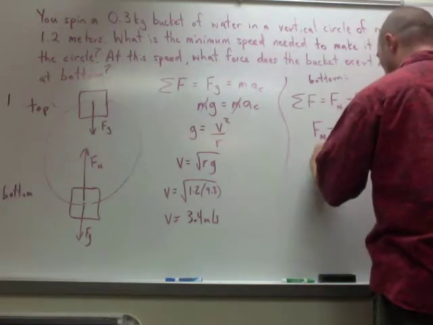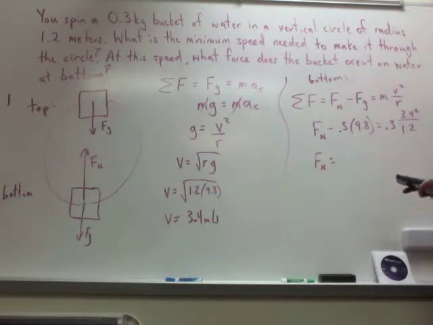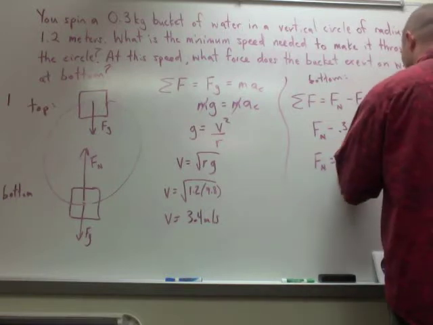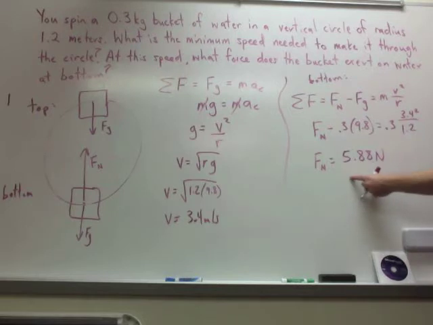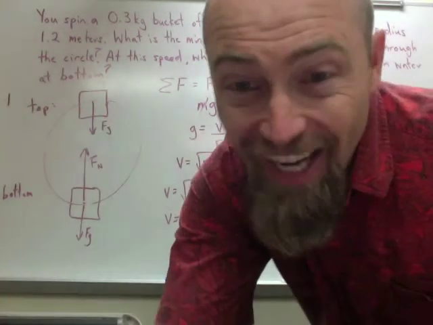So let's do a little bit of math. 3.4 squared times 0.3 divided by 1.2, and then you have to add 0.3 times 9.8. And you get 5.88 newtons. So at the bottom, the bucket would be exerting this much force to keep that water moving in a circle. Buckets!